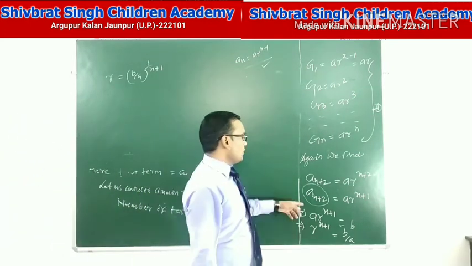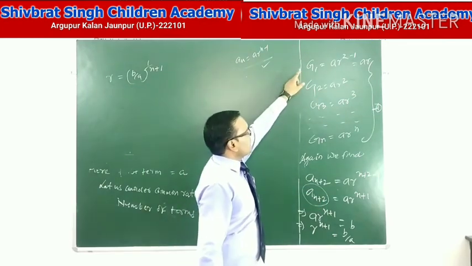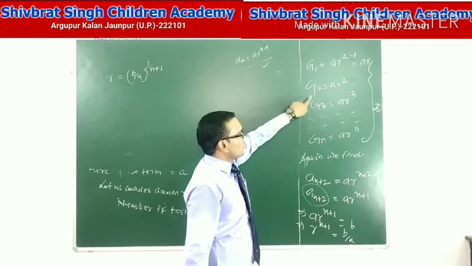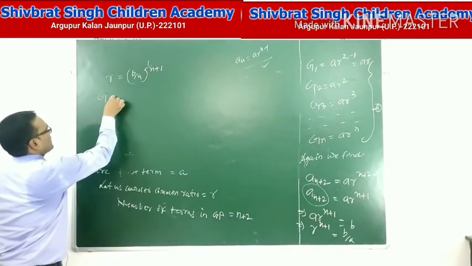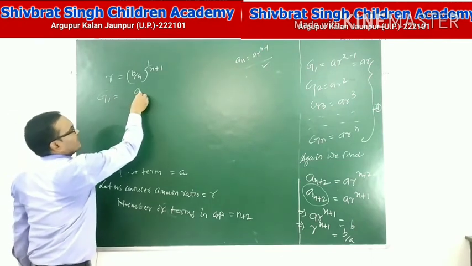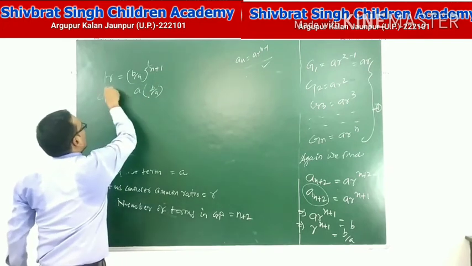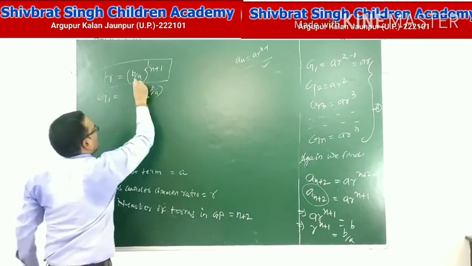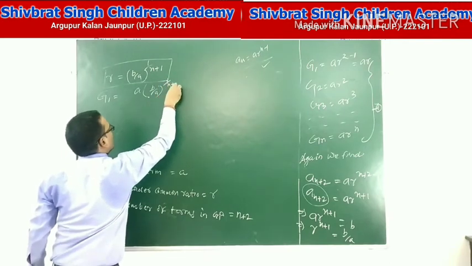Put the value of r in 1, we get the value of G1, G2, G3, Gn, and so on. G1 equal to ar, value of r equal to b upon a to the power 1 by n plus 1.